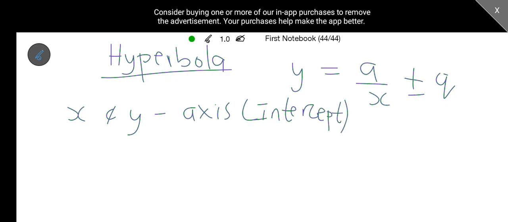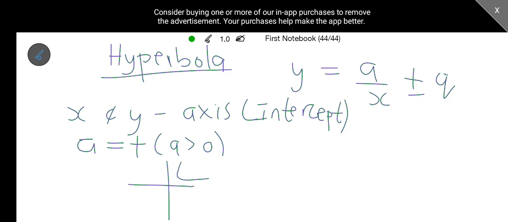Now, there's something important about the value of a. If a is positive, or if a is more than 0, our graph lies in the first and the third quadrant. The way in which the quadrants work, you start from this one.